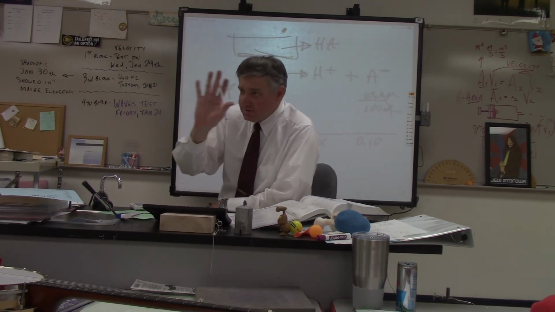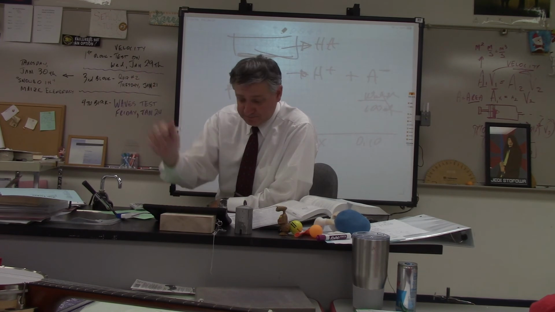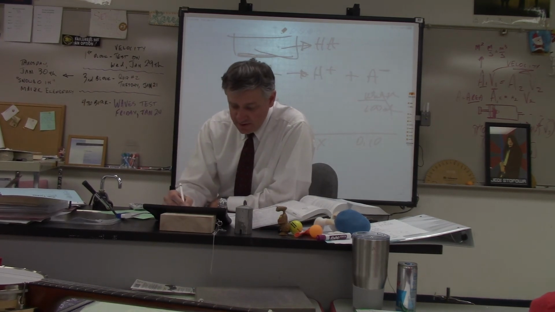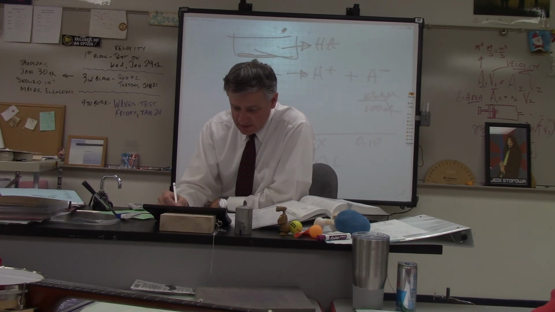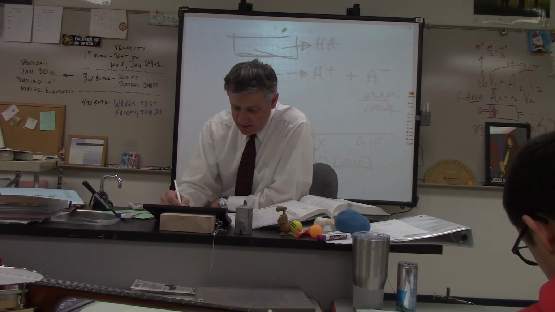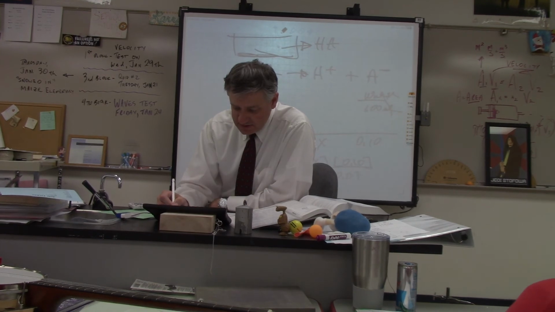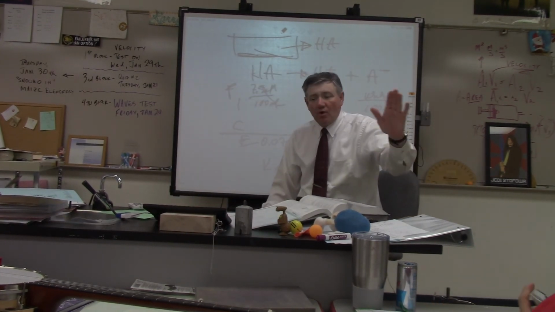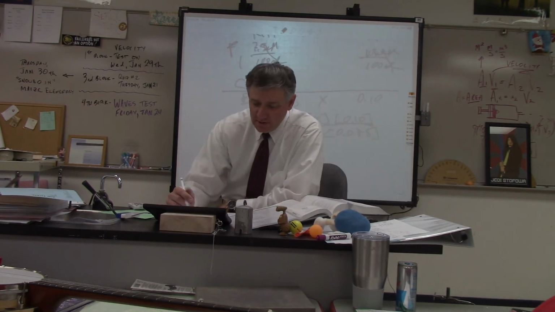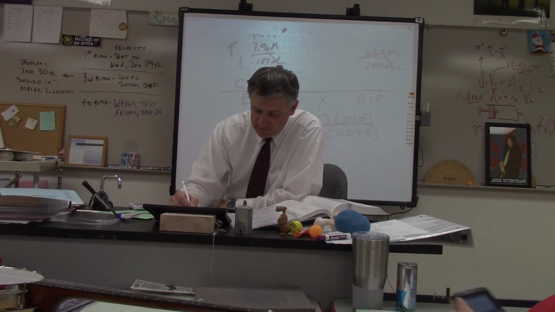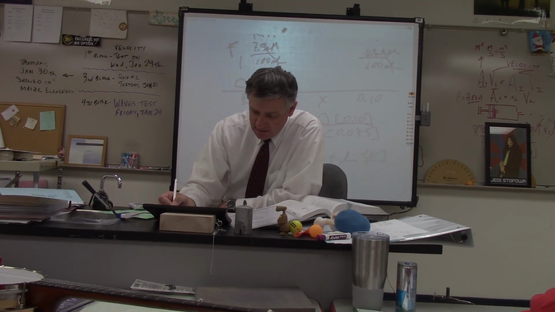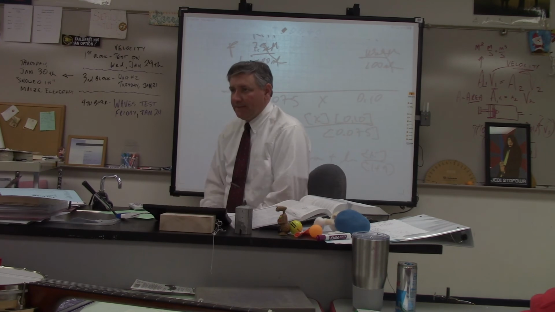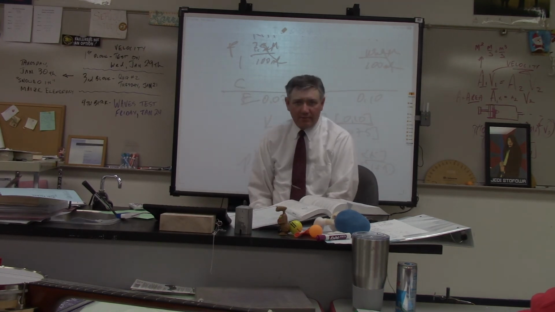Once you get to this point, you have a choice. You can take your Ka, which is your hydronium ion concentration times the anion concentration divided by 0.075, solve for X by itself, and take the negative log of that, or you use the Henderson-Hasselbalch, which is your pKa plus the log of your anion concentration divided by your HA. I don't care which one you do.